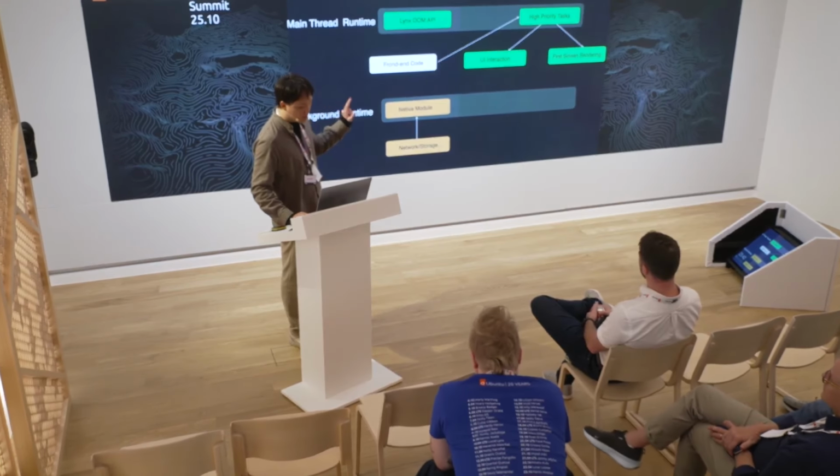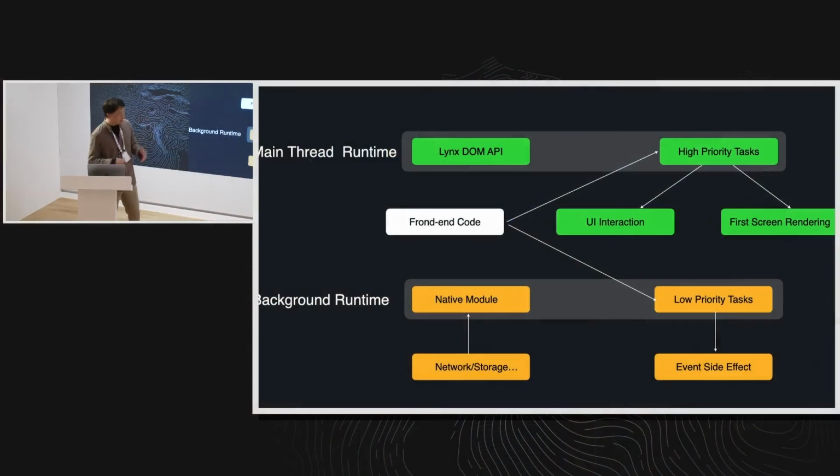Another part will be compiled into a script running on the background runtime. It will execute some lower priority tasks, such as side effects. For example, if I have to make a network call, it will run here.